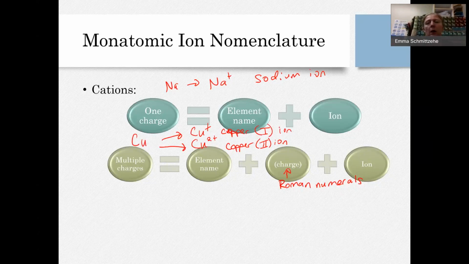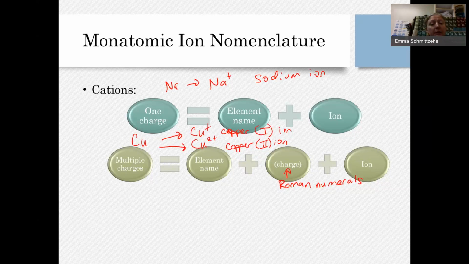I can tell you for sure, group 1 and 2 metals only form one charge, whereas a lot of transition metals tend to form multiple charges. There are a lot of patterns if you actually look at the ions on the periodic table. That should help if you find a periodic table with ions displayed on it.